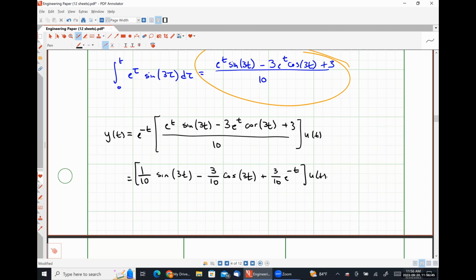1/10 sin 3t minus 3/10 cos 3t. This is just a simple addition of sinusoidal functions, right? They have the exact same frequency, so we could add those together as complex numbers, and we would have the steady state sinusoidal response that we would expect.